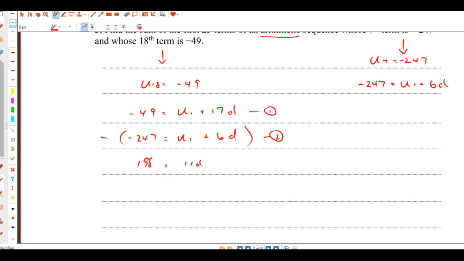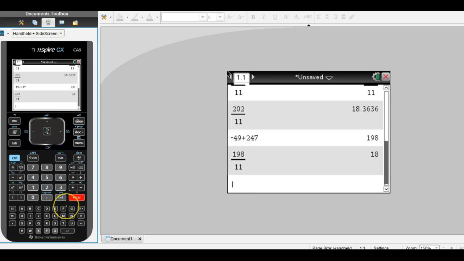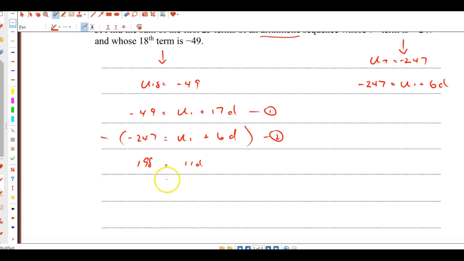So 198 divided by 11 rather, and you've got 18. So d is equal to 18. And then we can work out our first term by putting that value of d back in.